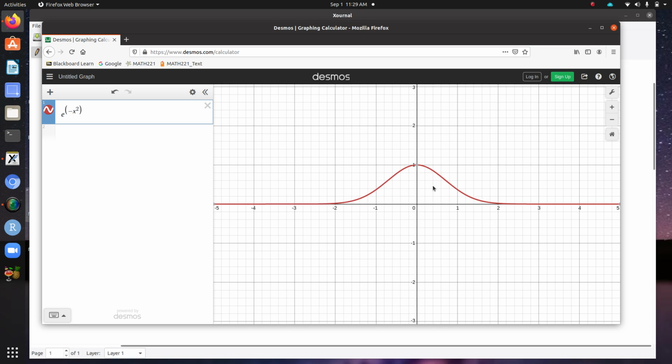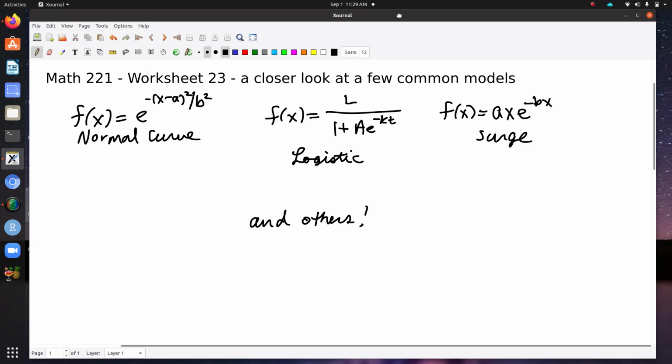Just double check and say, oh wait, I just determined where the point of inflection is, and then I look on my graph at Desmos and I say, okay, that looks like it's right. I did the problem correctly using a simplified model. Then you go back and answer the question as it was posed, where it says, okay, now put all those constants back in, and now generically in terms of A and B, see if you can find the max and the points of inflection and so forth.